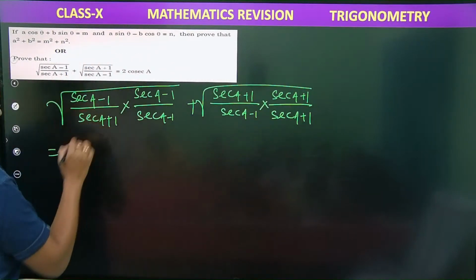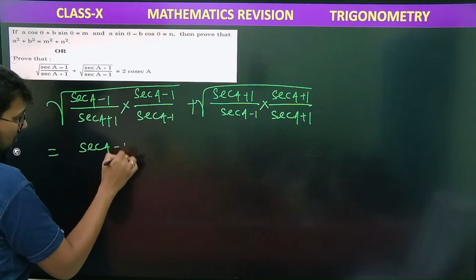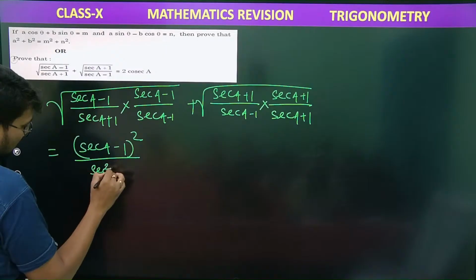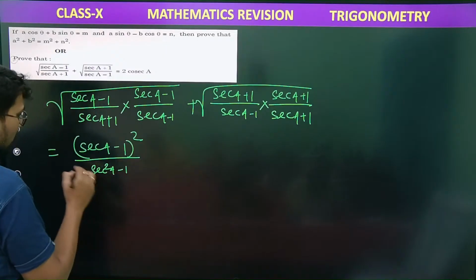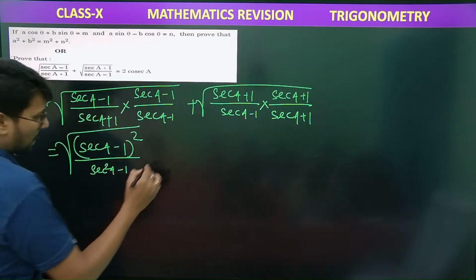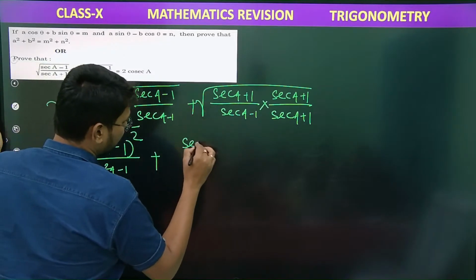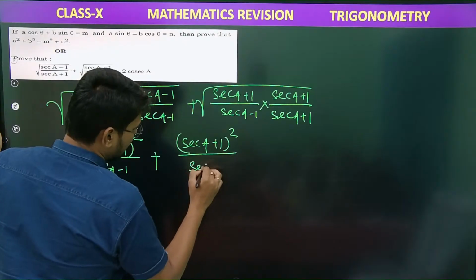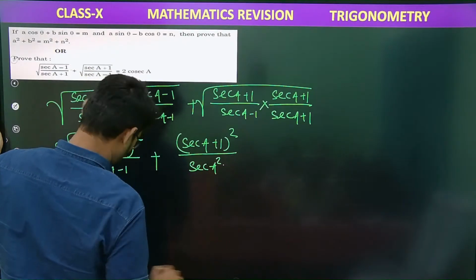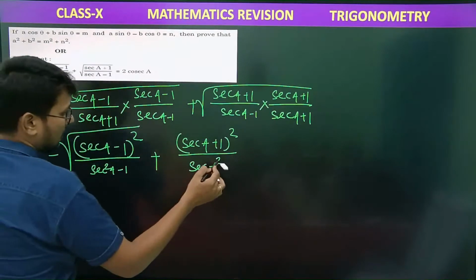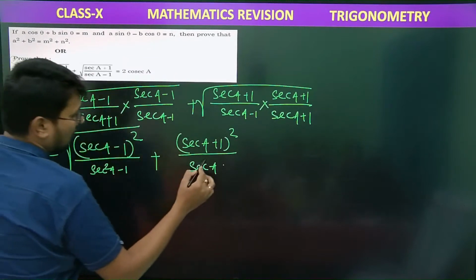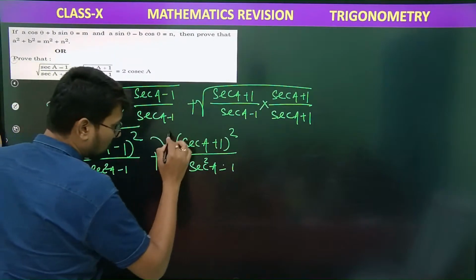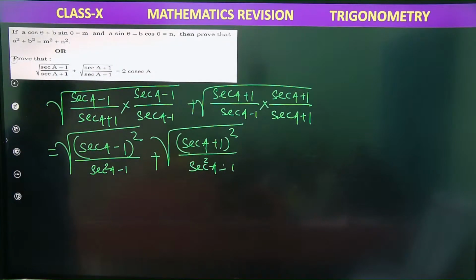So therefore it will become sec a minus 1 whole square divided by sec square a minus 1 square, or 1 will write, which is under square root, plus sec a plus 1 whole square divided by sec square a minus 1 square, 1 square is 1, and both numerator and denominator are under square root.